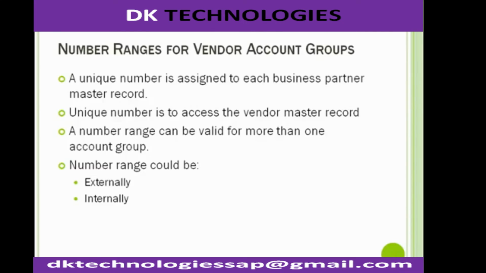If you remember, in the session before last we did the general ledger configuration. In that also we talked about account groups. That account group referred to the general ledger account group, where we made the grouping of accounts like assets, liabilities, expenses and revenues, and we defined a number range to them.